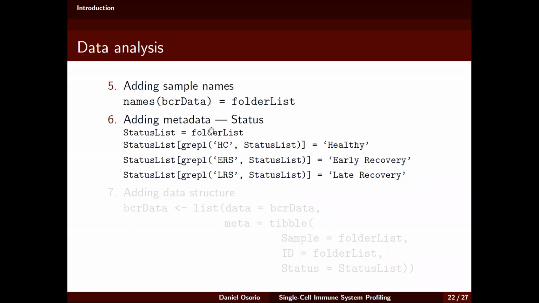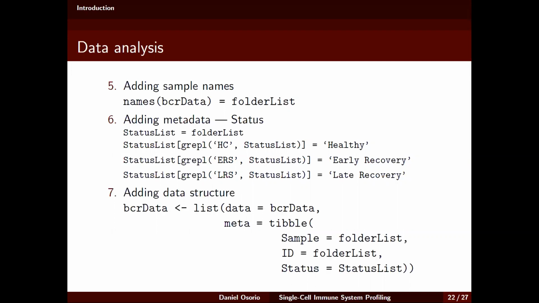If the folder name starts with HC, healthy control, we are going to replace the name of the folder with healthy. If the name of the folder starts with IRS, we are going to replace it with early recovery. And the same for LRS, we are going to say this is late recovery. So having this list of status will allow us to compare between groups at the end.